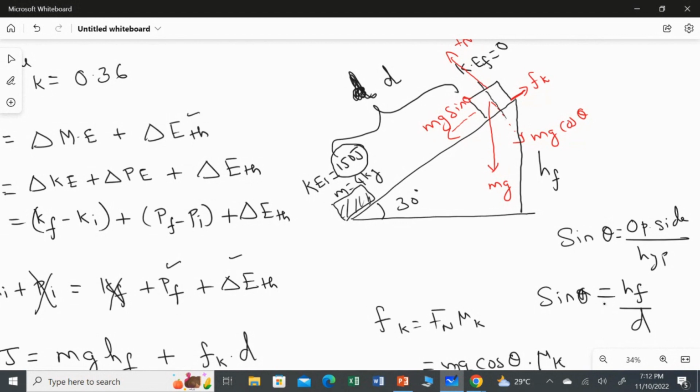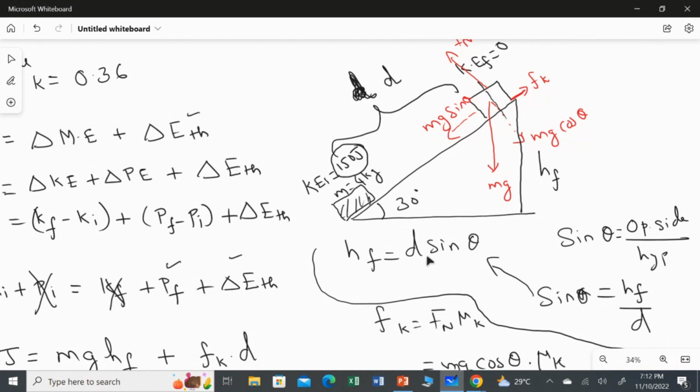Therefore my height final is equal to d sine theta, correct? hf is equal to, so this d will come to the left hand side of the numerator. By that h final, that means the height maximum, is equal to d sine theta.